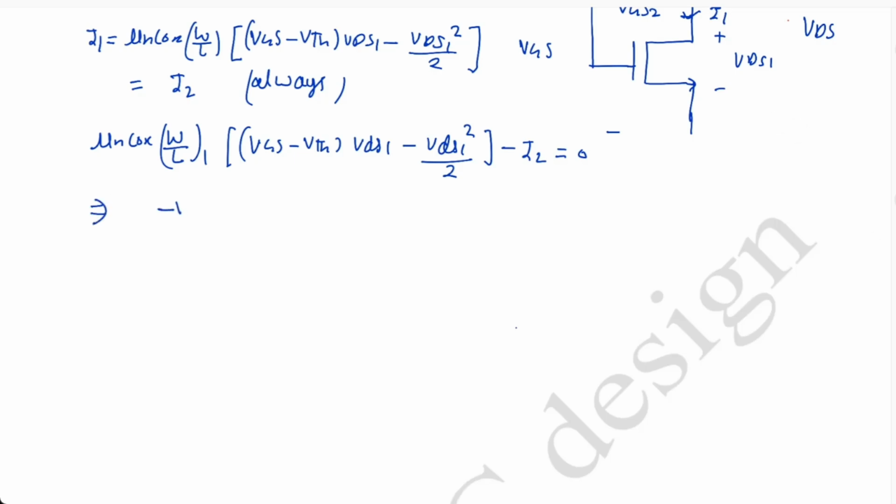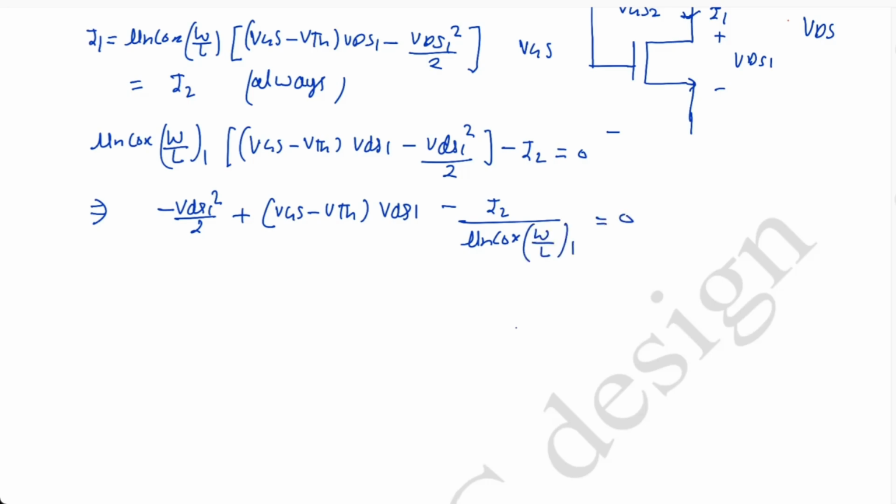Let's solve again. VDS1 square by 2 plus (VGS minus VTH) VDS1 minus I2 by mu1 Cox W by L1 equal to 0. Now again, multiply the whole thing with 2.